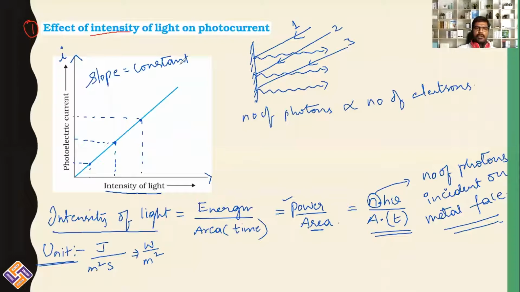Whenever the slope is constant, it means that it is directly proportional. Therefore, the photocurrent emitted in the photoelectric effect circuit is directly proportional to the intensity of incident radiations. As you increase intensity, photocurrent increases. As you decrease intensity, photocurrent decreases.